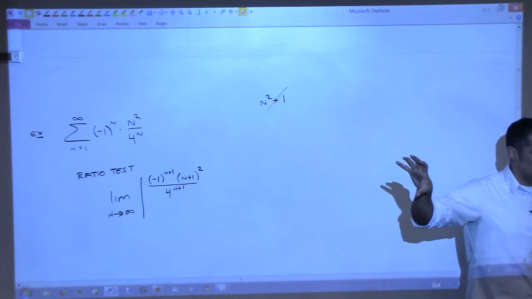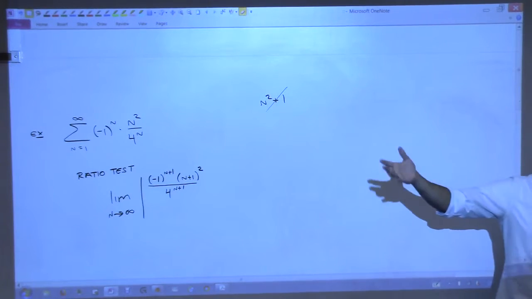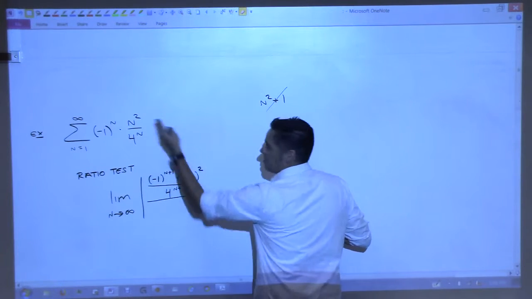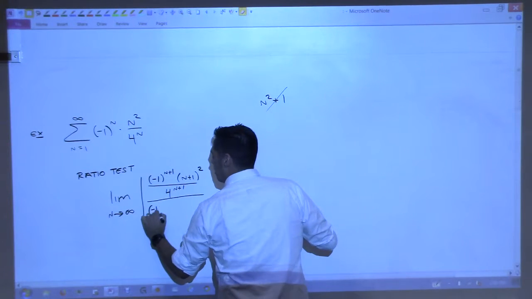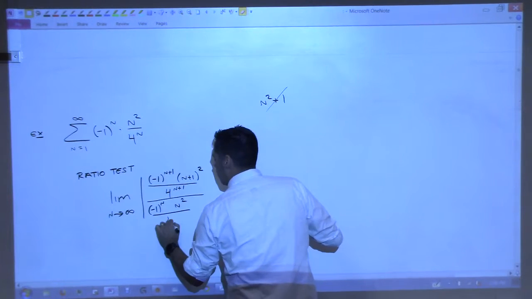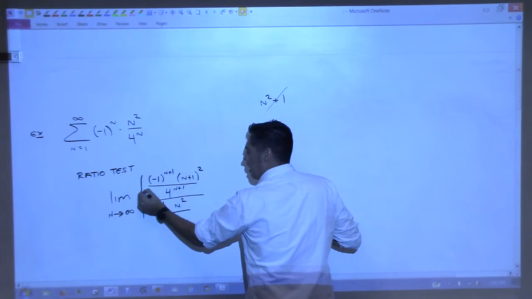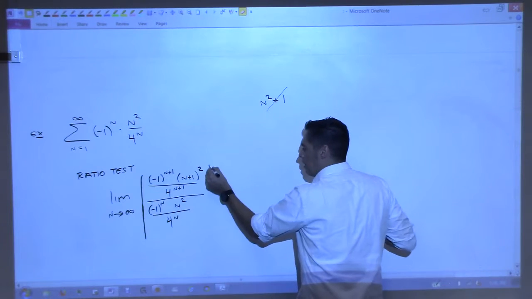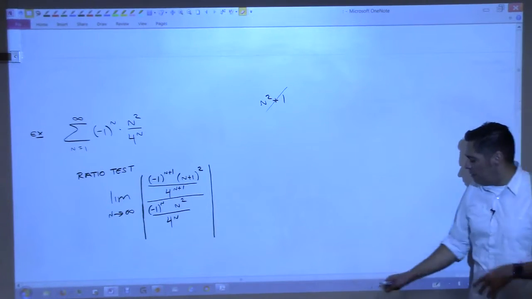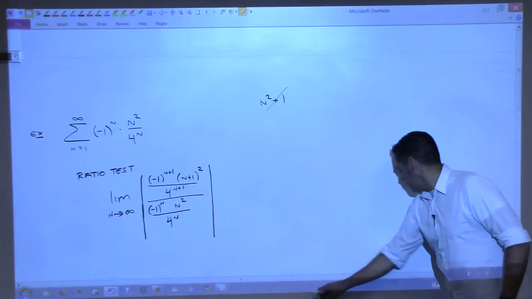That's a sub n plus 1. Now divide that by what? Just that, right? So negative 1 to the n squared over 4 to the n. And that absolute value bar probably needs to get a little bit bigger. Now let's take care of one thing first.